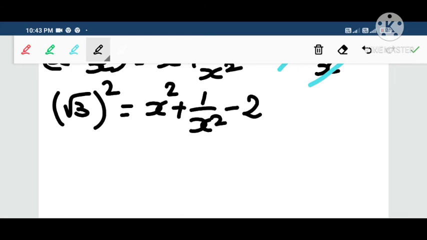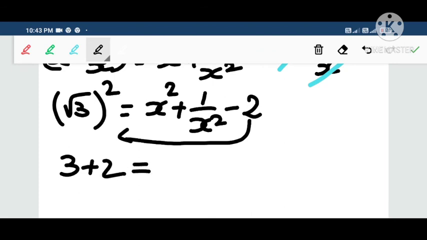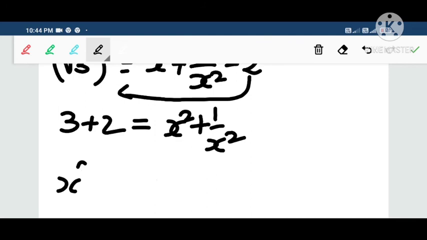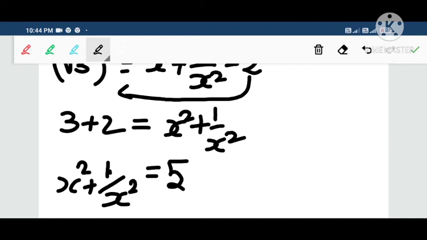So 3 and this minus 2 goes to the right hand side, it becomes plus 2, and this is equal to x square plus 1 by x square. So finally the value of x square plus 1 by x square is nothing but 5.